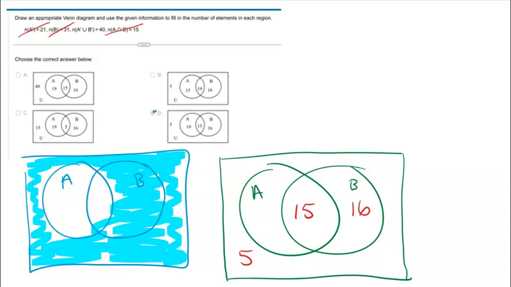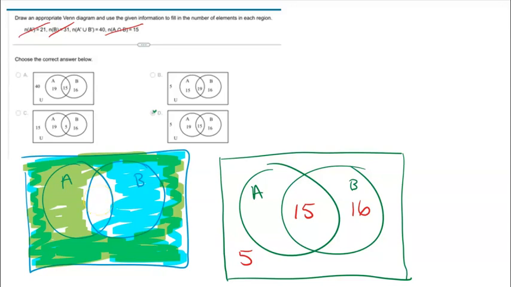B complement, we'll do that in a different color, is everything outside of B. Sorry, this is messy. Union means you combine the two colors together. So union means it's all going in the same bucket. So basically, this is everything but the center.